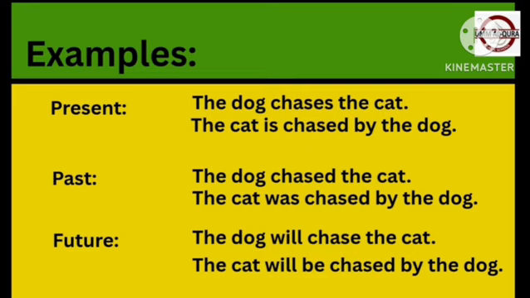There is the second form, and in passive voice we will use was plus third form, like the cat was chased by the dog. And for future, the dog will chase the cat. Here is will plus first form, and for future passive we will use the cat will be chased by the dog.